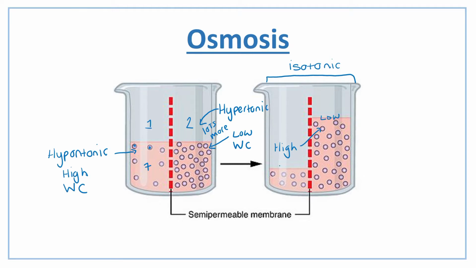So the water has moved from the left hand side across the membrane into the right hand side where there was low concentration. And what that has done is it has balanced out how many molecules of diluting juice we have across this. So on the right hand side, there is still more molecules of diluting juice. That hasn't changed, but the amount of water there has.